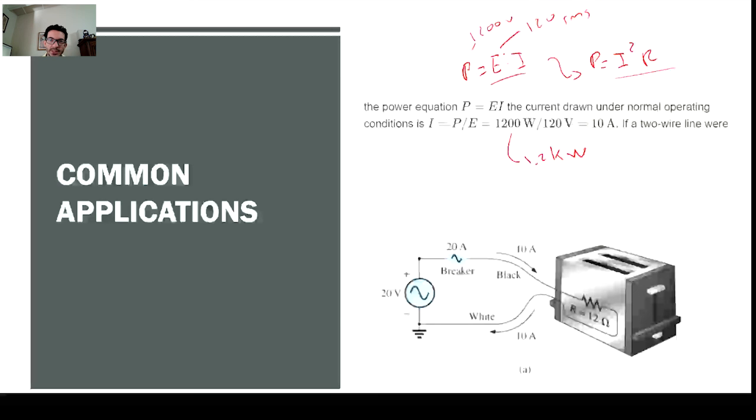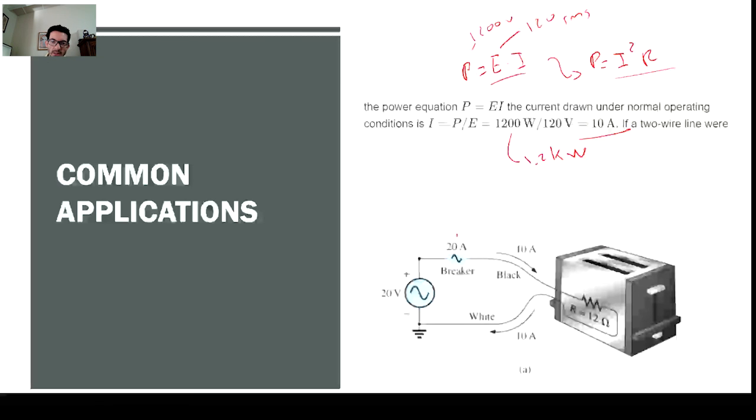Then what is the current? Very easy. 1200 divided by 120 will give us around 10 amps. So this is a little high because usually a toaster is not 1.2 kilowatts, it's much smaller than that. But it could get to that point if it's a large toaster.